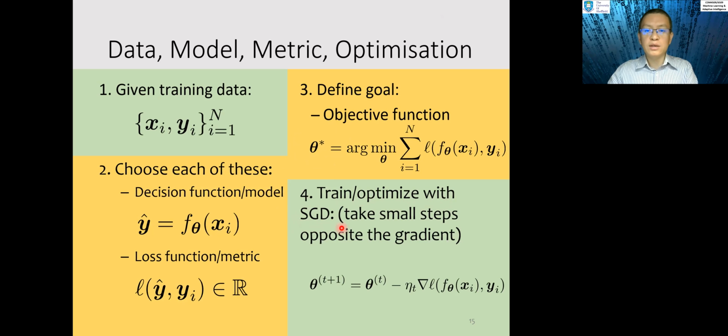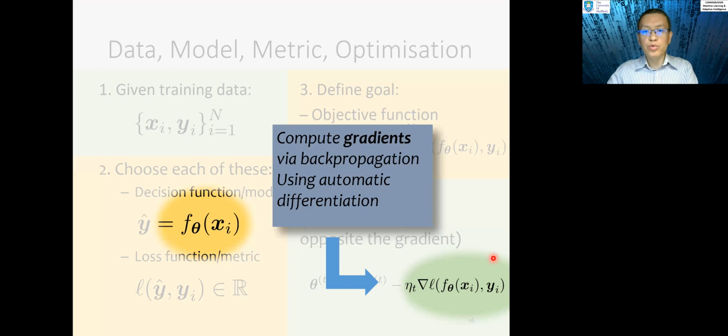What it does is basically take small steps in the opposite direction of the gradient. Therefore, we need to compute the gradients, and these gradients are computed through back propagation. Nowadays, we use automatic differentiation.